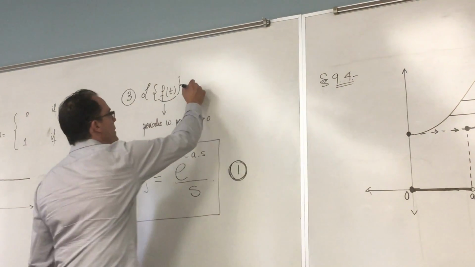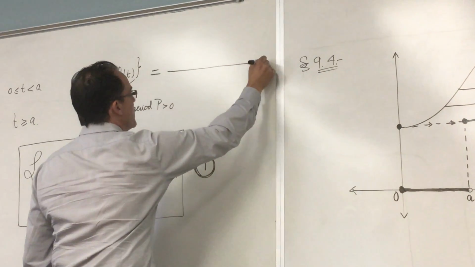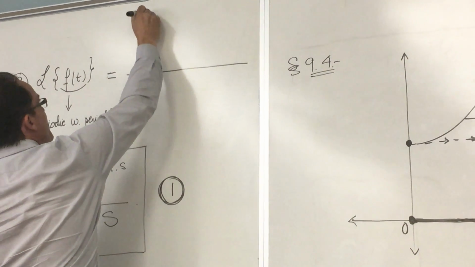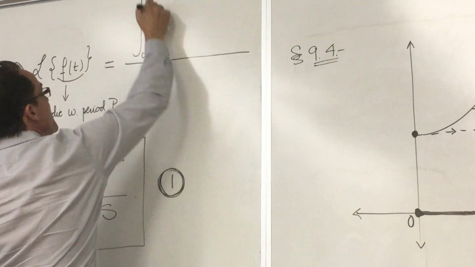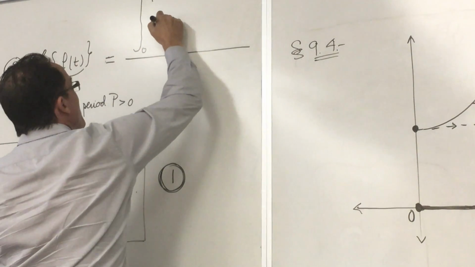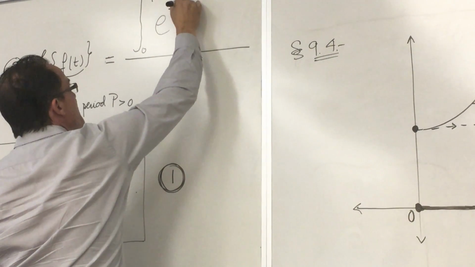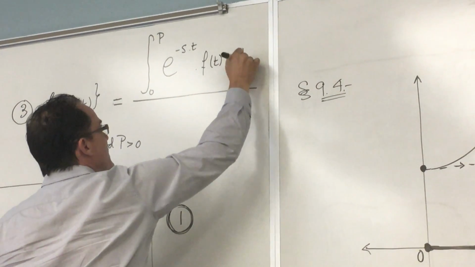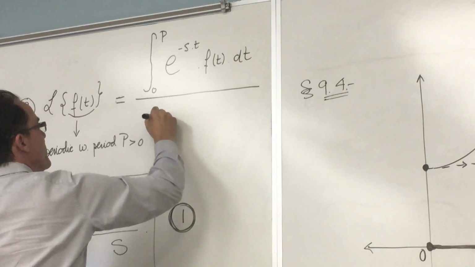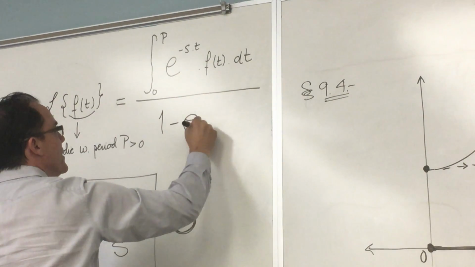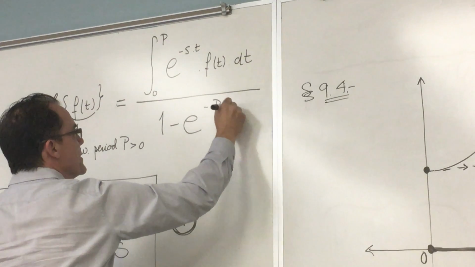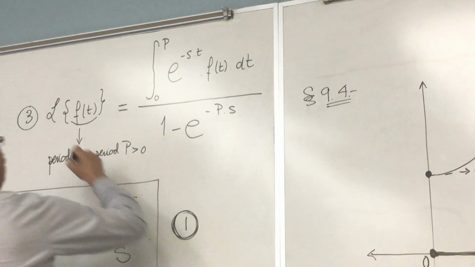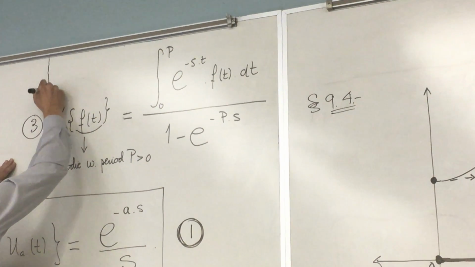Well, this is the formula. On the numerator, you have a definite integral from 0 to P, the period, of e to the minus s times t, little f of t, dt. And on the denominator, you get 1 minus e to the minus P times s. Let me put it in a box. Number 3.